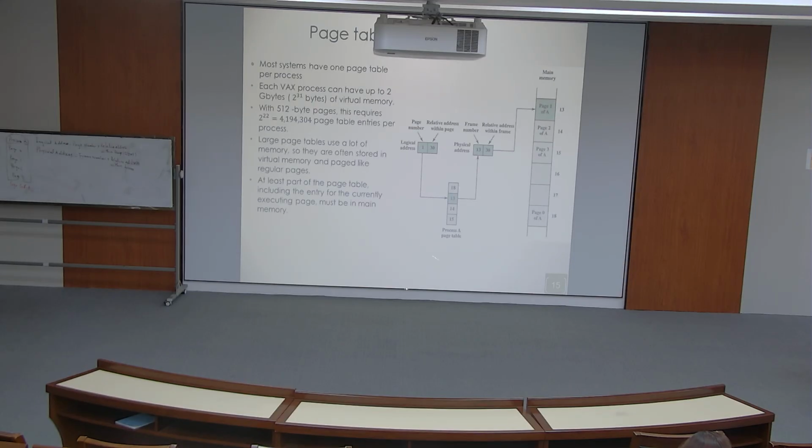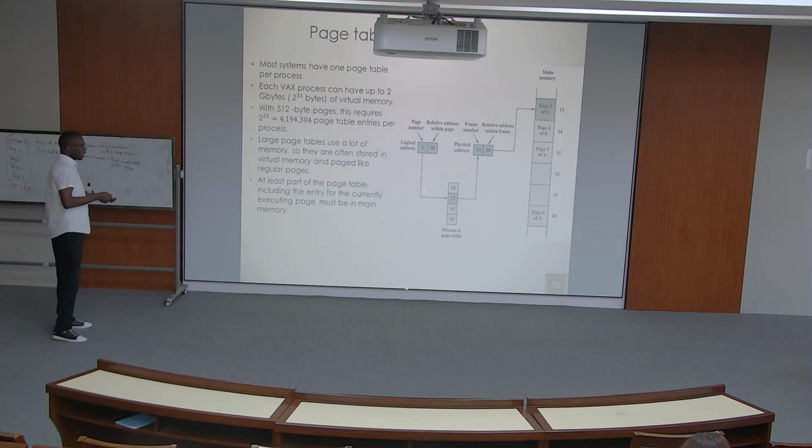We have seen this picture, which allows the pages from a process to be loaded into the main memory, and we have seen how the translation from the logical address to the physical address is done. This is a process which includes a number of pages. A specific page from the process needs to be loaded into a specific frame in the main memory. This is the example that we have here on the screen.